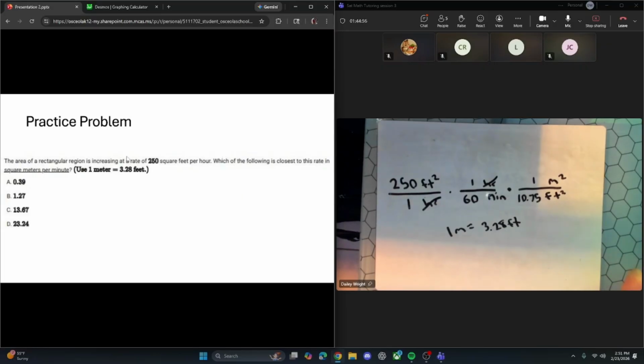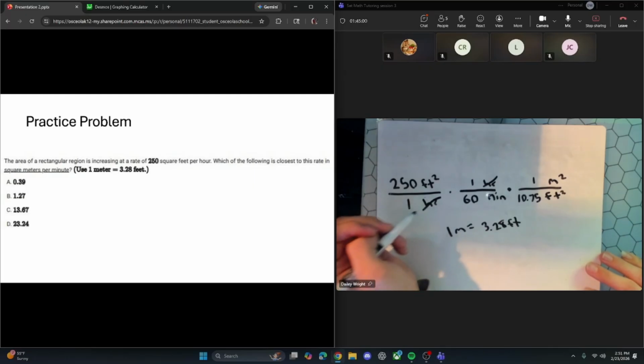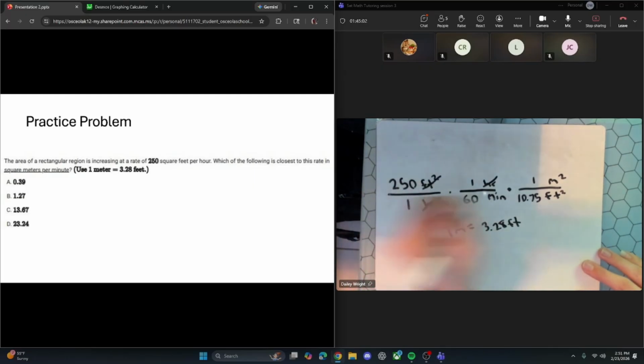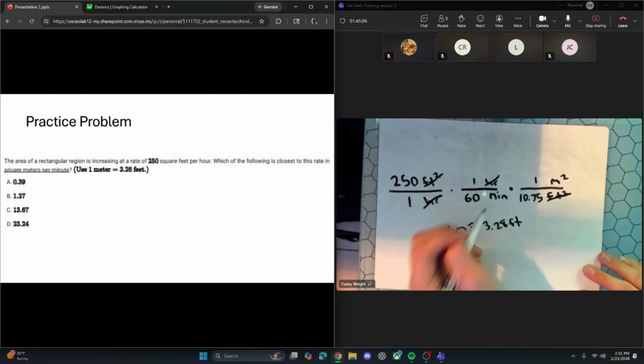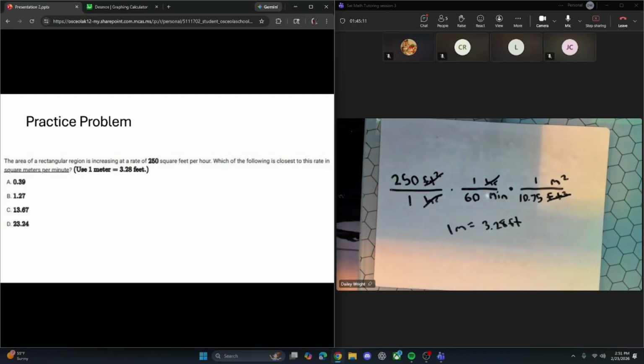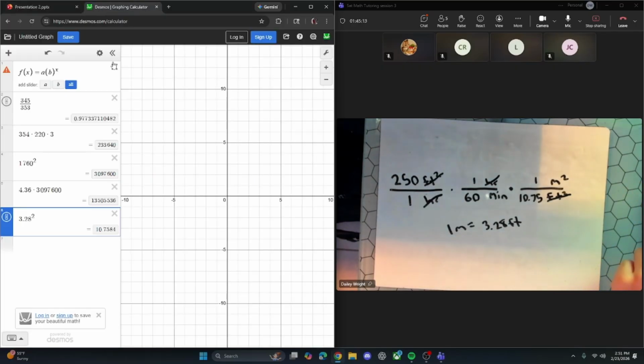So now the feet squared come out, and now we can see we have meters squared per minute. Is that what it wants? Square meters per minute. Okay, so we have the right stuff written down now.